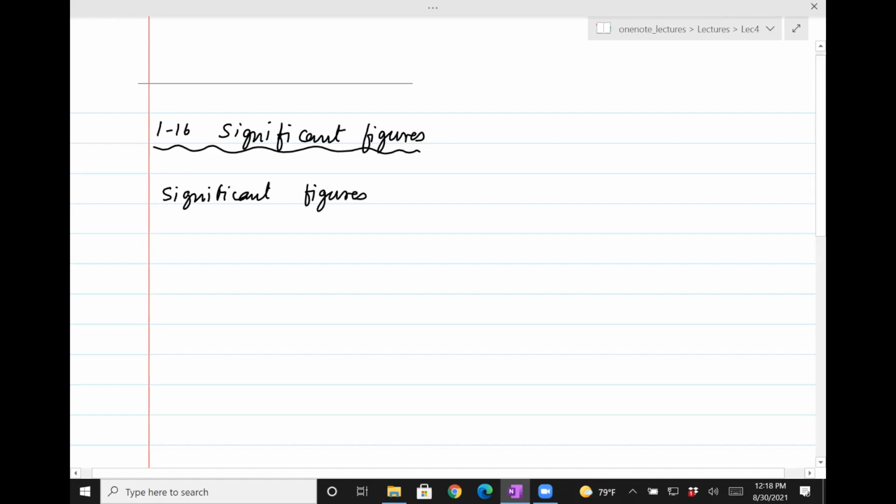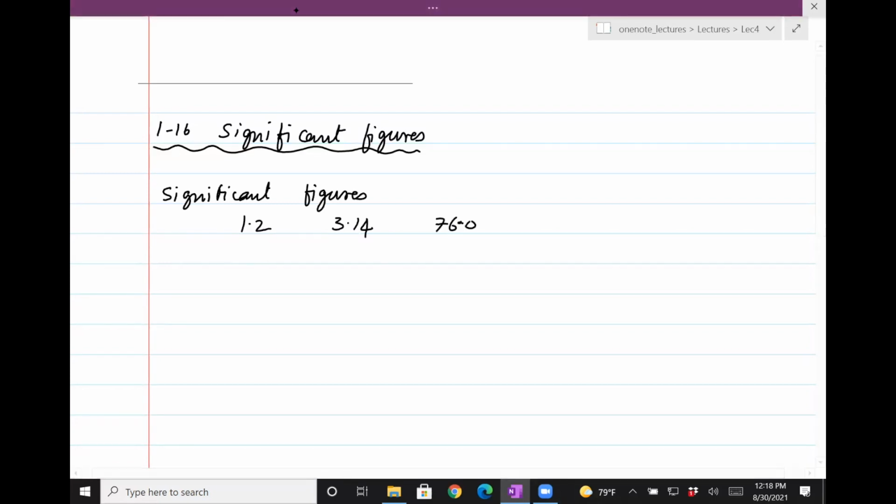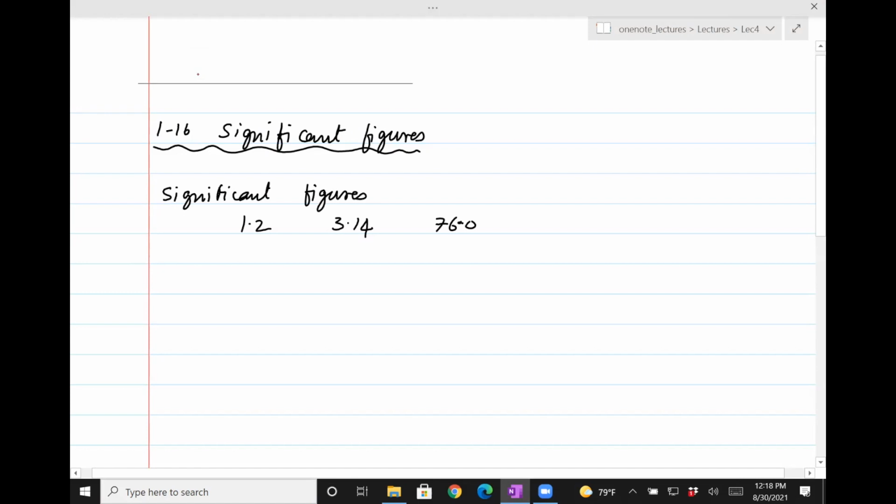Well, when you write a number, like say, for example, 1.2 or 3.14 or 76.0, then the number of digits you show up there in the number are your significant digits. That's two significant digits. Same for the second one. Sorry, second one is three significant, my bad, two significant figures.